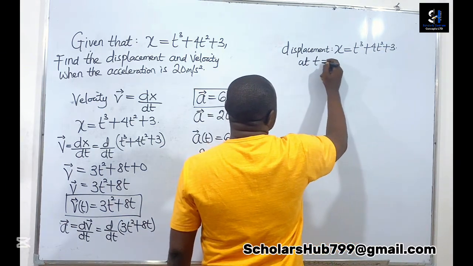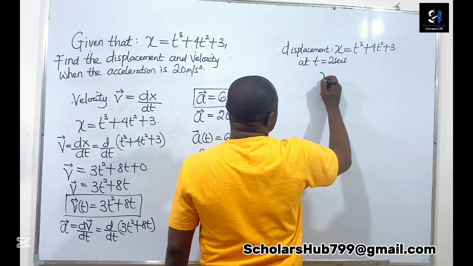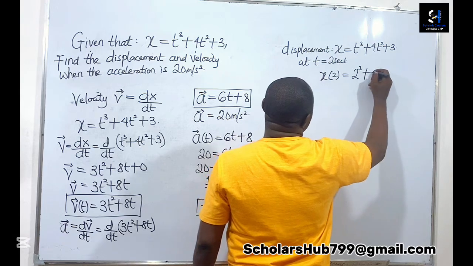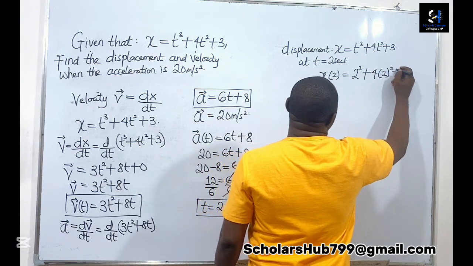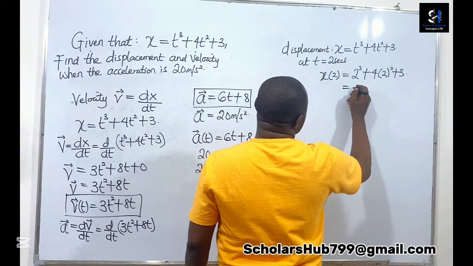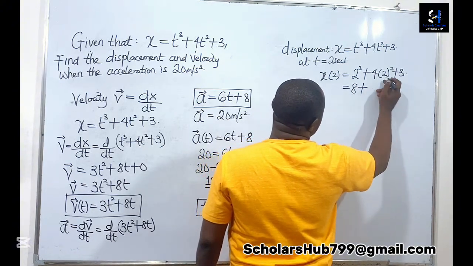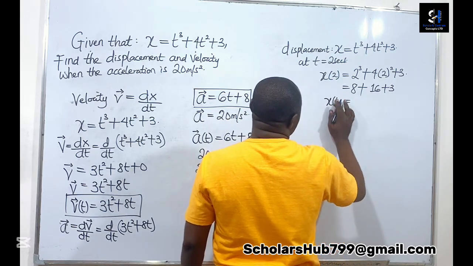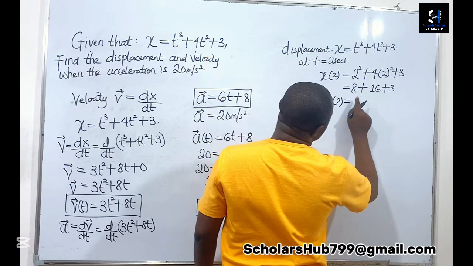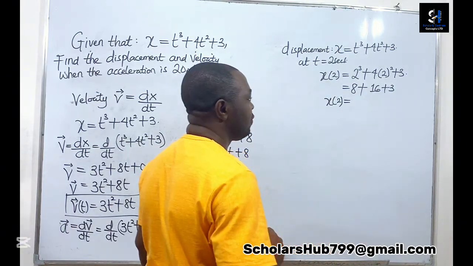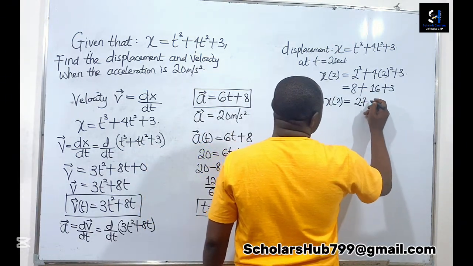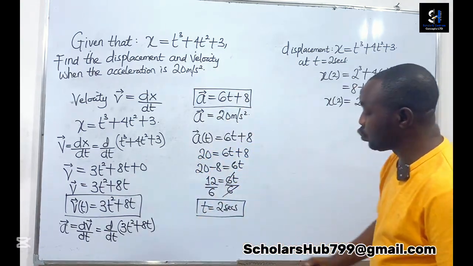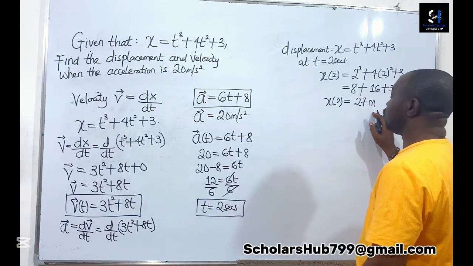So at t equals 2 seconds, x of 2 will be equal to 2 cubed plus 4 times 2 raised to the power of 2 plus 3. This will be 8 plus 16 plus 3. So x of 2 will be 24 plus 3, that will be 27.